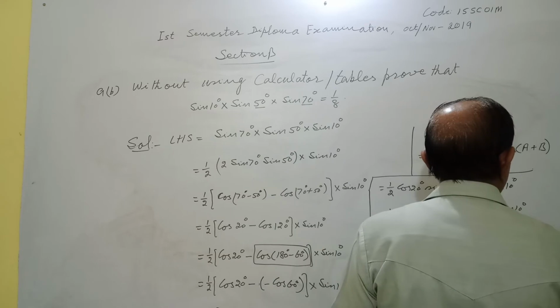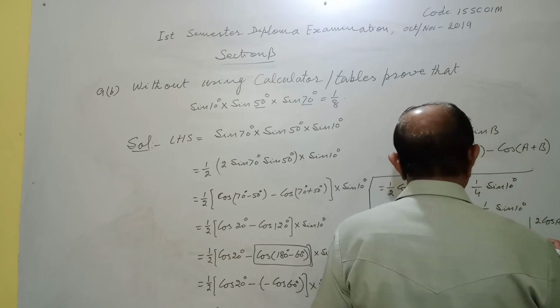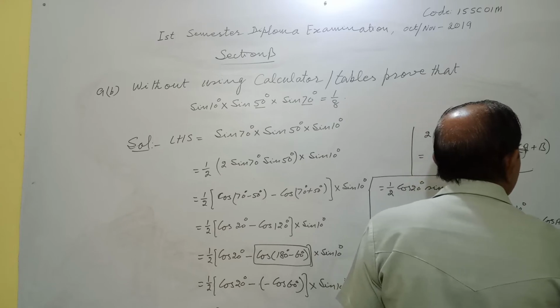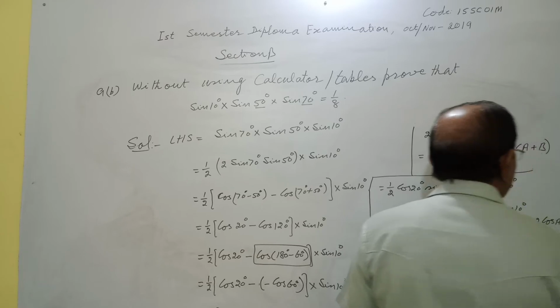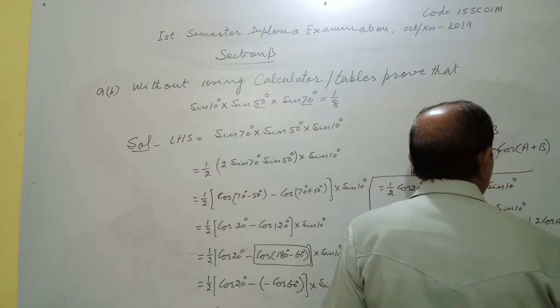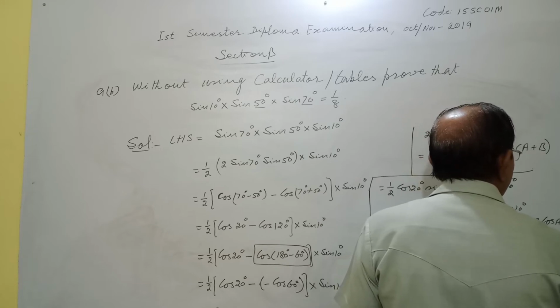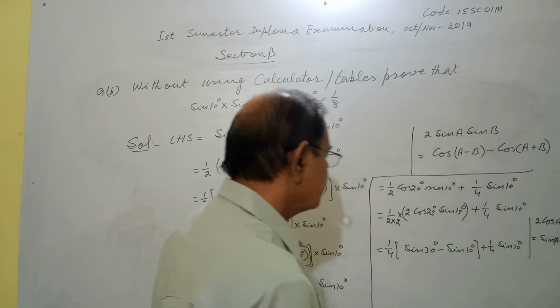The identity which I have used is 2 cos A sin B is sin A plus B minus sin A minus B. So that is the identity to be used.